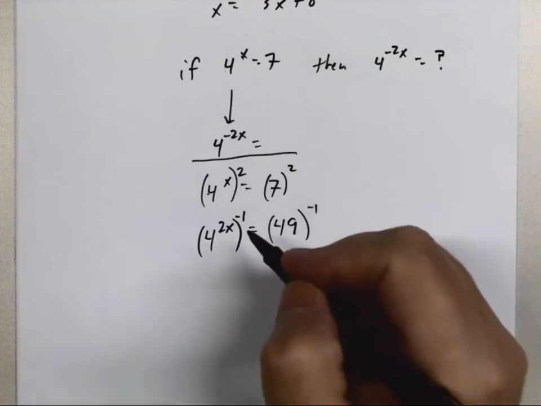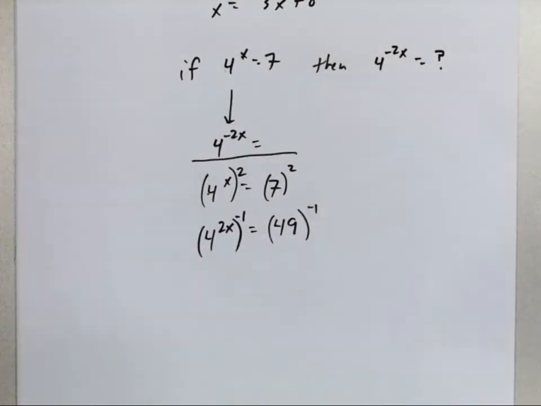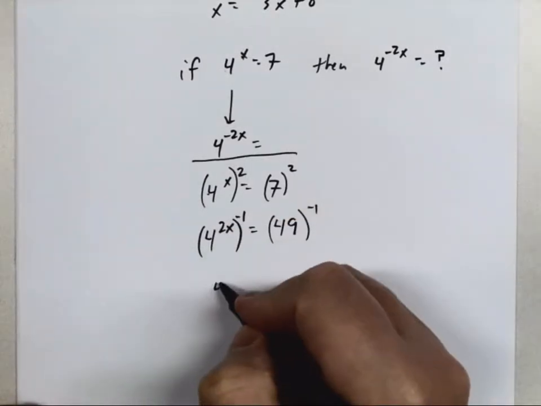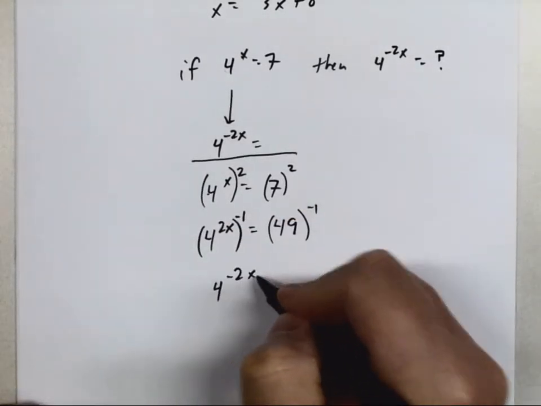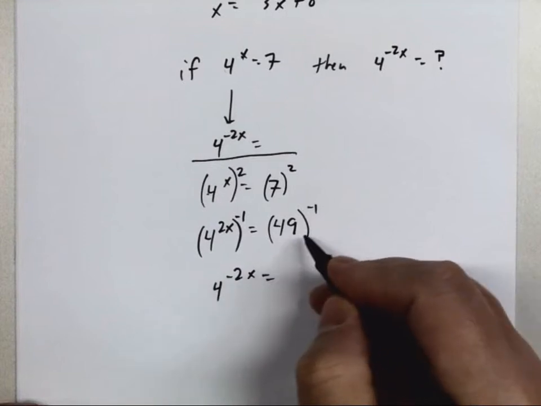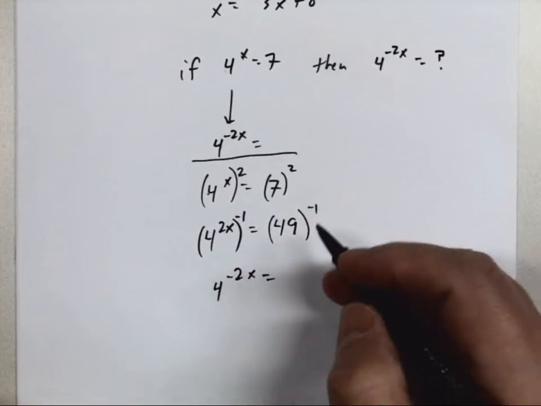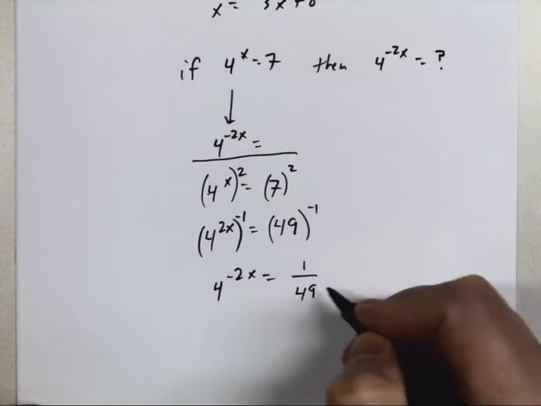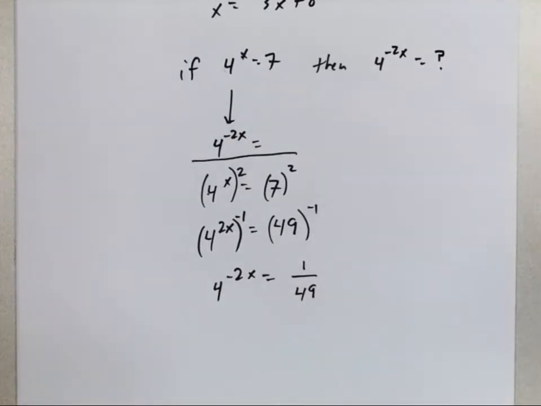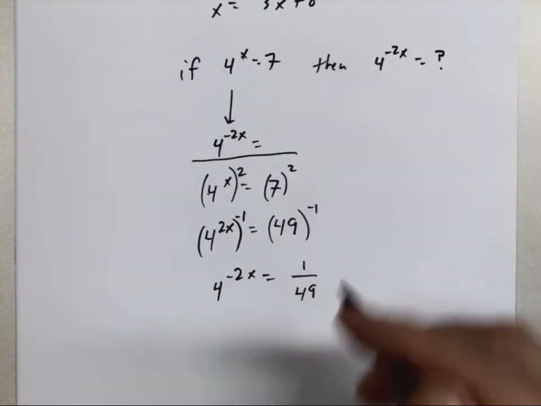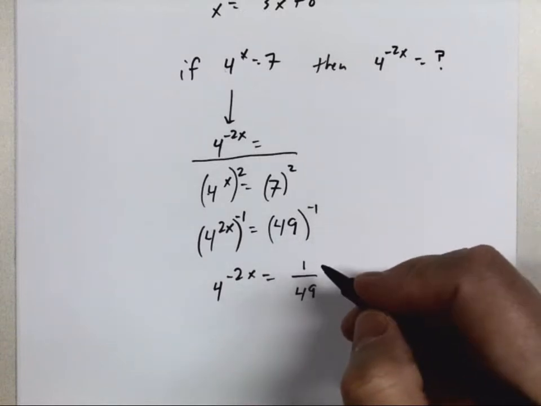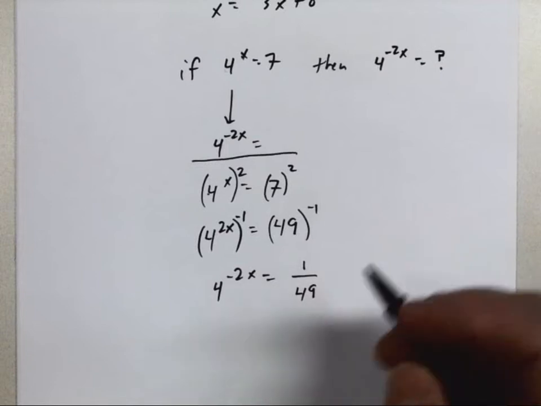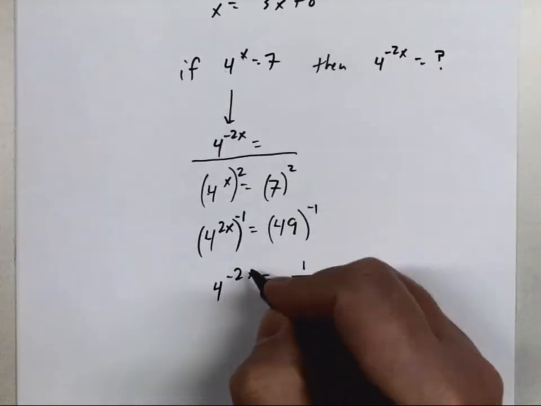So here I'm going to raise both sides to the negative 1 exponent. Exponent rules are you multiply these, so this is 4 to the negative 2x. This is 49 to the negative first. Yeah, I can do that. That's fine. Because now, look what I've done.